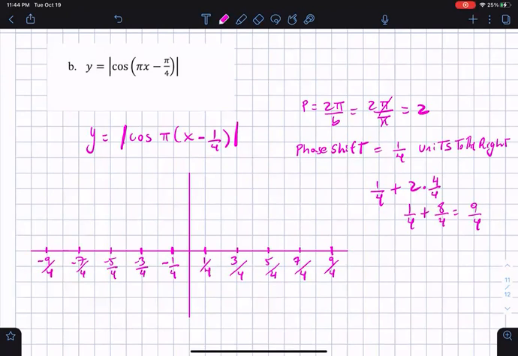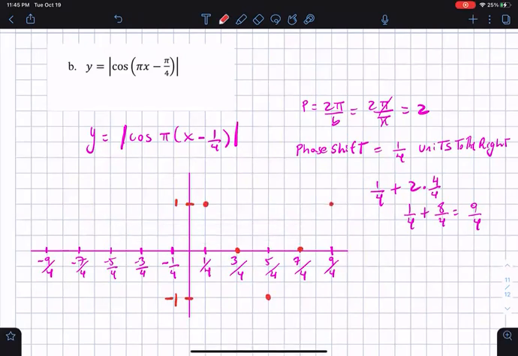Now you need to graph it. Remember, you start now from 1/4, right? So this is from 1 to negative 1, right? There's no vertical stretch here. This is cosine. So you start from 1, then you go here, then here, then here, and then here.